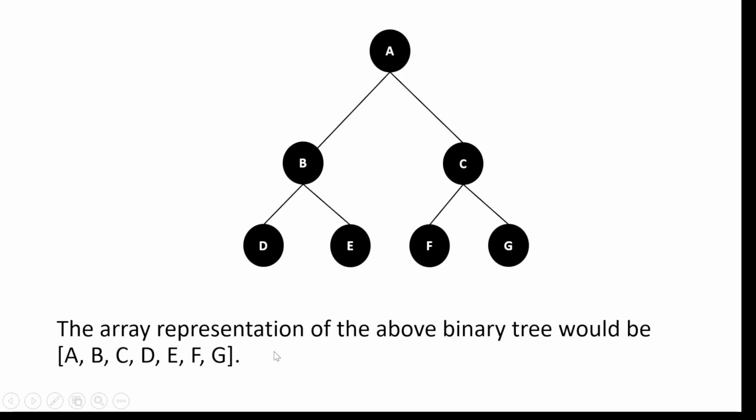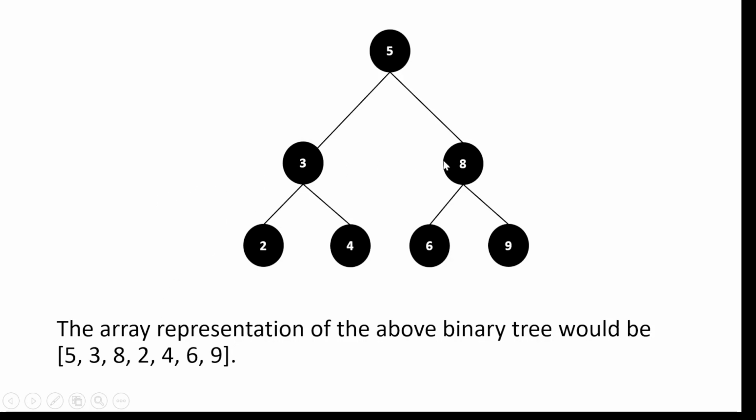Let's take another example where the root node has the value 5, which has two children with values 3 and 8 respectively. 3 has two children, 2 and 4. 8 has two children, 6 and 9. The array representation again starts at the root node, 5.